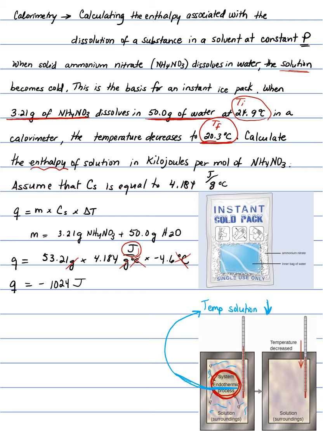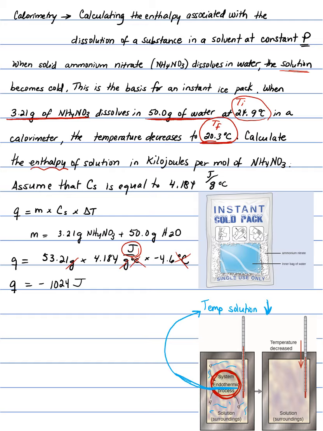Absorbing heat from the surroundings means that the temperature of your surroundings, which in this case is the solution, will be decreasing. The opposite is also true. If you have a system that is exothermic, it will be releasing heat that goes into the solution, and now the temperature for the solution will be increasing.